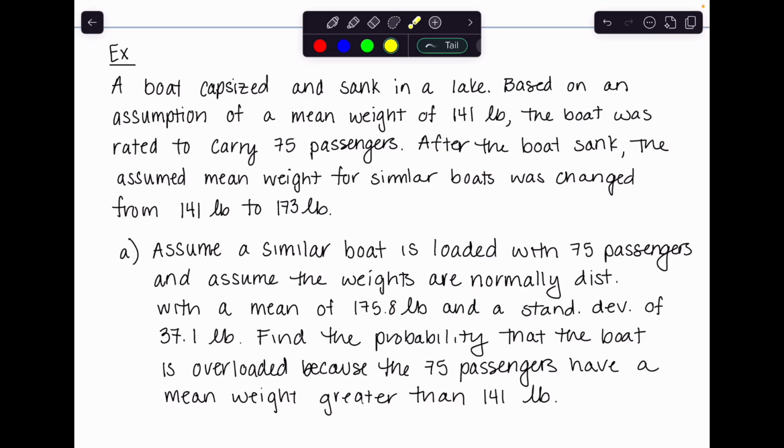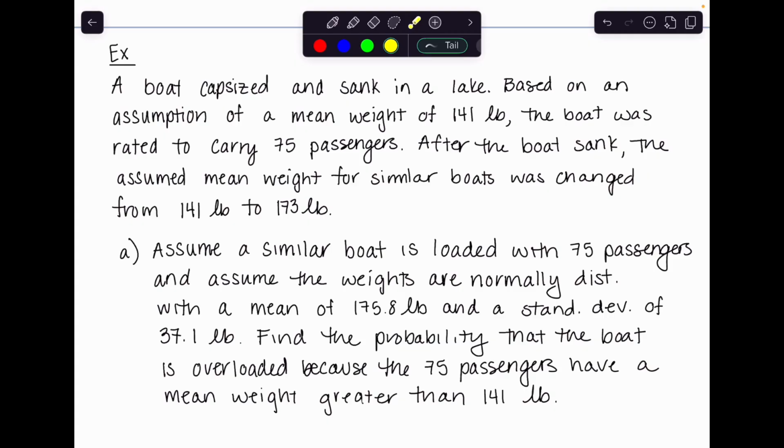Based on an assumption of a mean weight of 141 pounds, the boat was rated to carry 75 passengers. After the boat sank, the assumed mean weight for similar boats was changed from 141 to 173 pounds. So to summarize, 75 people could come on this boat because they assumed that each of those persons, if you were to find their average weight, was 141 pounds.